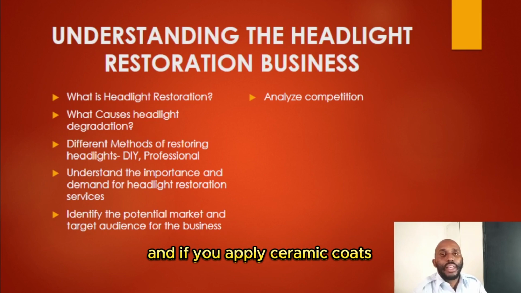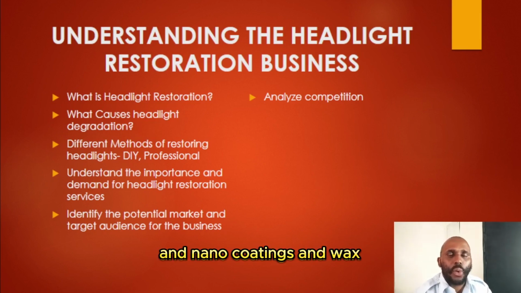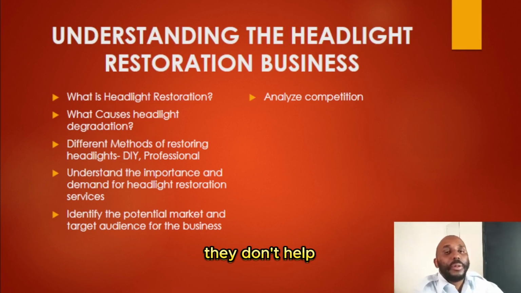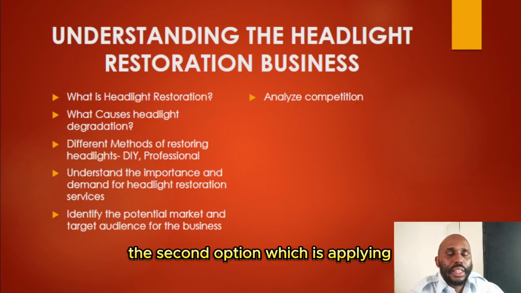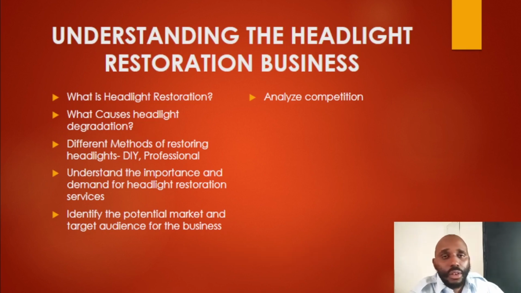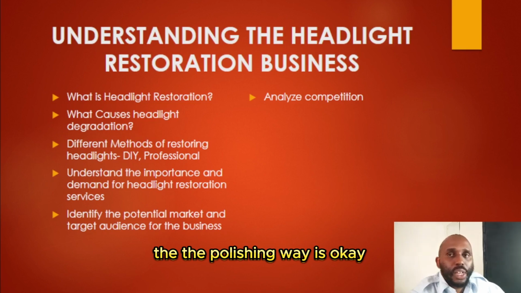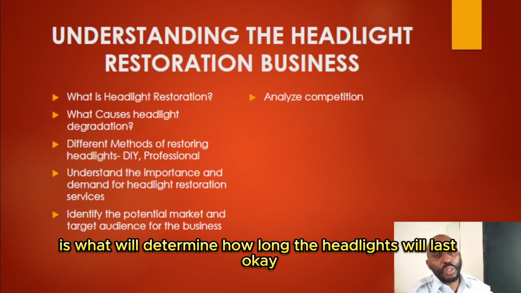Ceramic coats, nano coatings, and wax don't last as long as the second option, which is applying clear coat or sealant or something of the sort. The polishing way is okay, but the protection is what will determine how long the headlights will last.